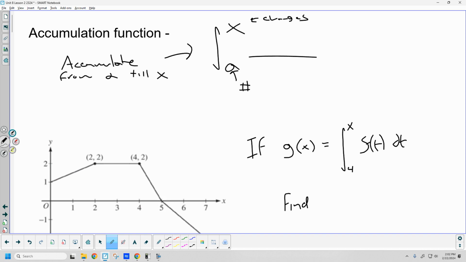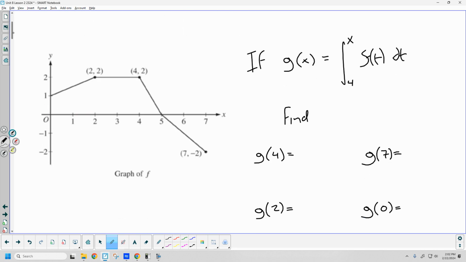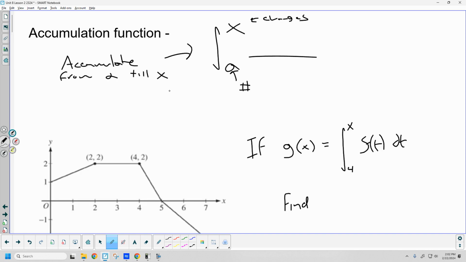Here's our first example of an accumulation function. Typically, you see an accumulation function of something equal to something else, okay? That way we can ask specific questions, find g of 4, g of 7, g of 2. Now the first thing that confuses students is why the heck do we have x's and t's?